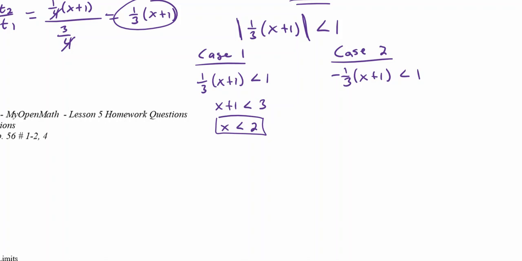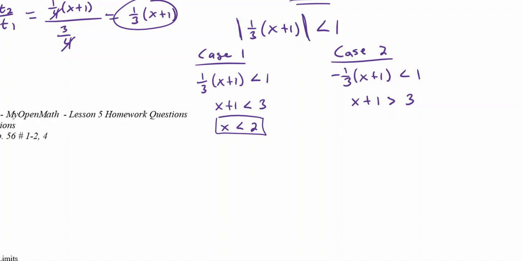And then let's do this one. In this case, I'll do the same thing. I'll multiply both sides by -3, right? Do you guys remember what happens if you have an inequality and you multiply or divide by a negative? Do you remember what happens to the symbol? Yeah, it flips. So this will become x plus 1, but then I have to change the symbol to face the other way, so it's greater than 3.